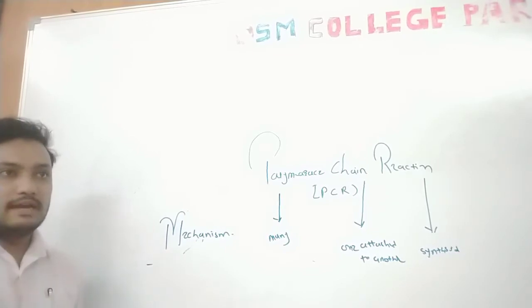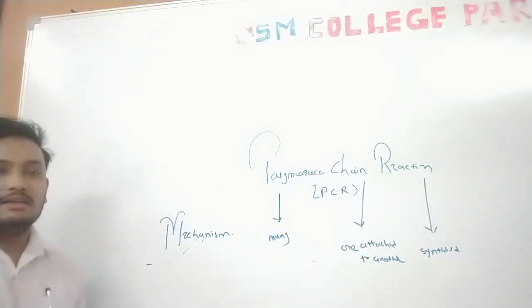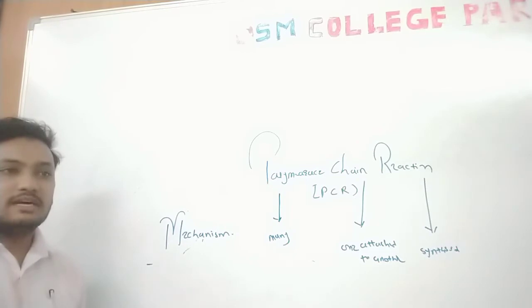We know that there are three different types of polymerase in prokaryotes: polymerase first, polymerase second, polymerase third. In eukaryotes, they are alpha, beta, beta dash, and delta.